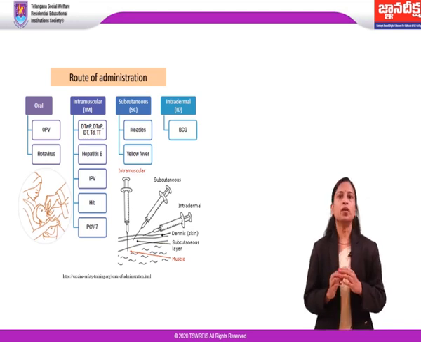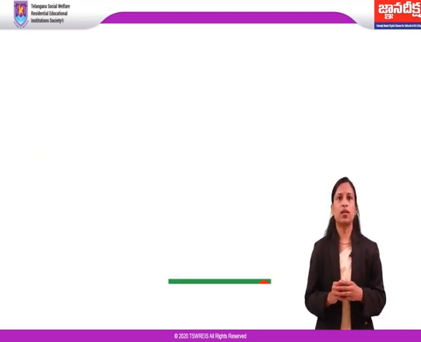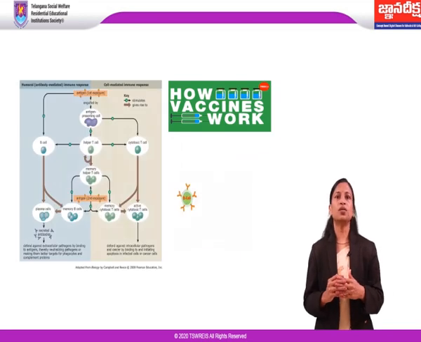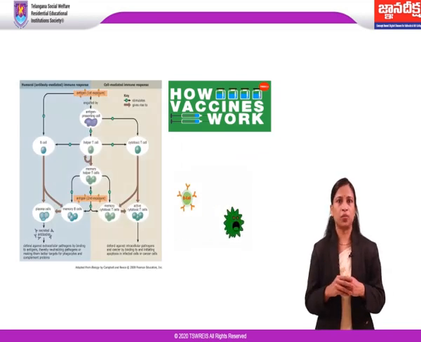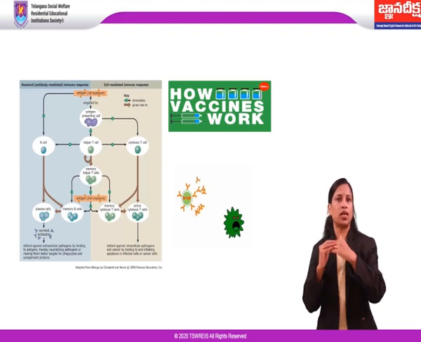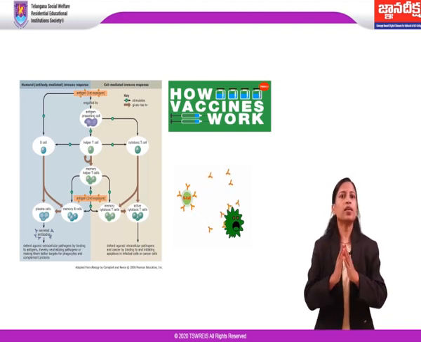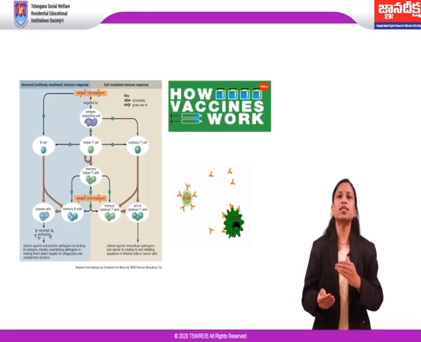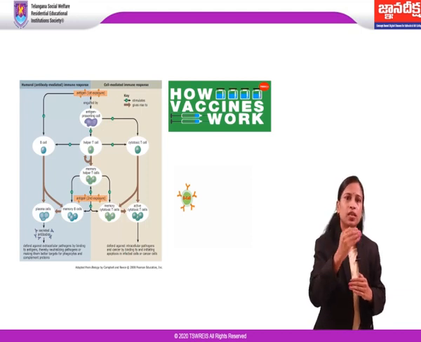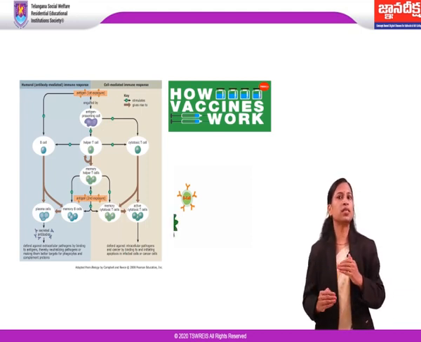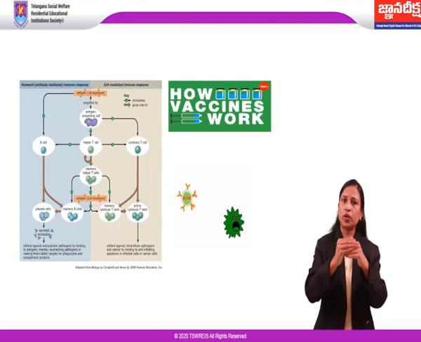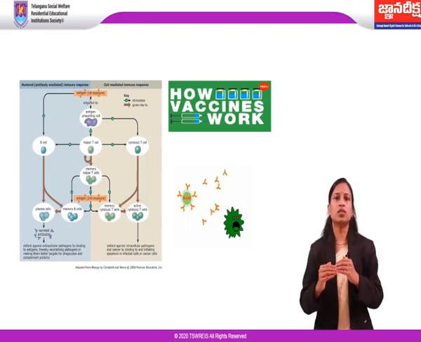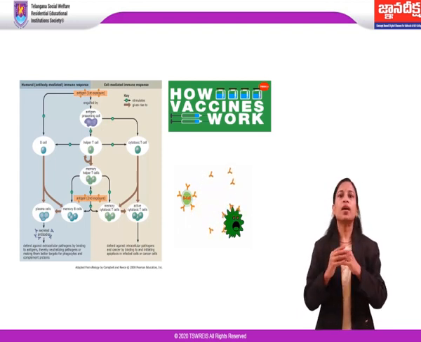Let's understand the mechanism of vaccines. Vaccines work by inducing both branches of adaptive immunity, humoral and cell-mediated immunity. When our body is exposed to the antigen for the first time, it is engulfed by the antigen-presenting cells and presented to T helper cells. T helper cells get activated and produce cytokines, which in turn activate B cells.